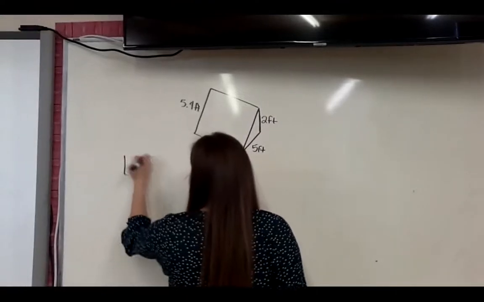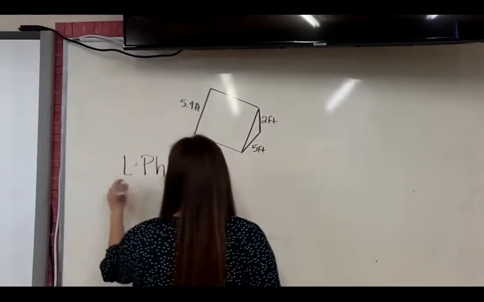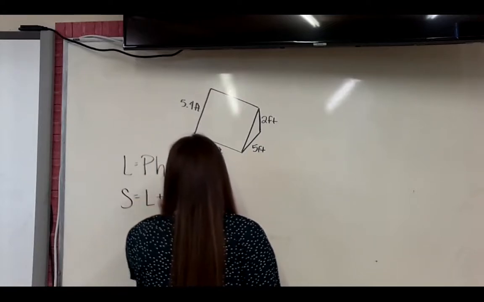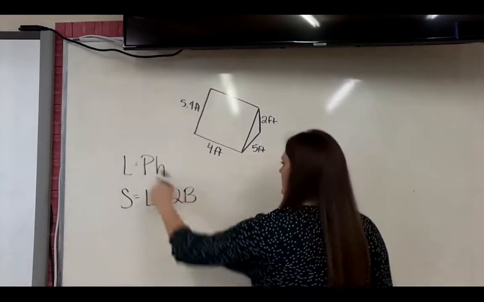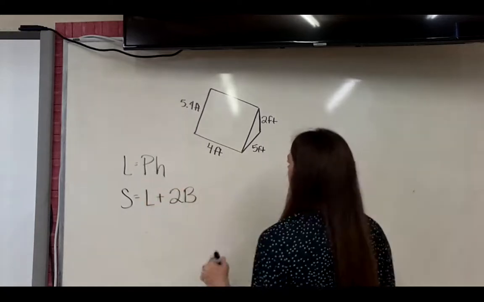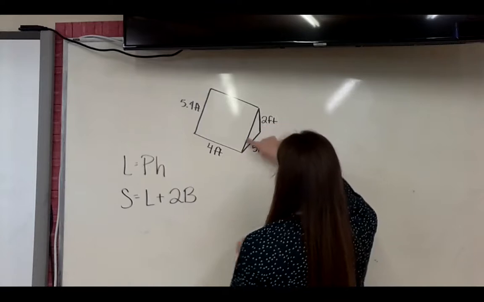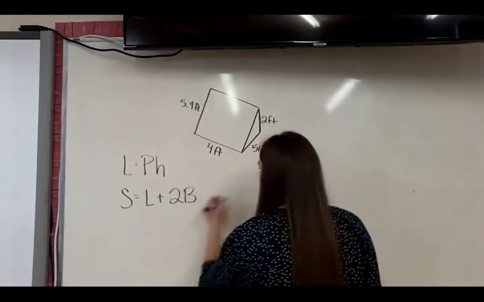So the first thing we can find is our L, and then find the surface area. Okay, so the perimeter of a triangular prism is a triangle. So I have 5, 2, this side is just right there, 5.4.